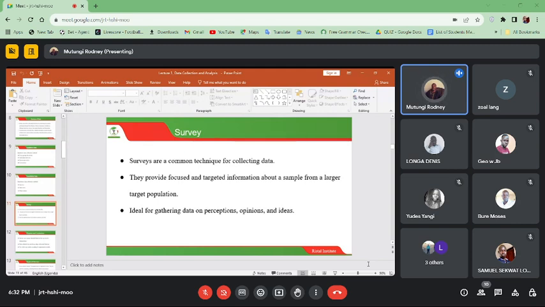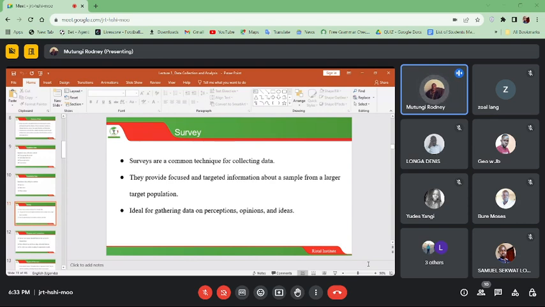Okay, so one of them, and the most common, is the survey. This one provides you that targeted information about a sample from a larger population, and it is ideal for gathering data about perceptions, opinions, and ideas. So you have sampled the people that you want.